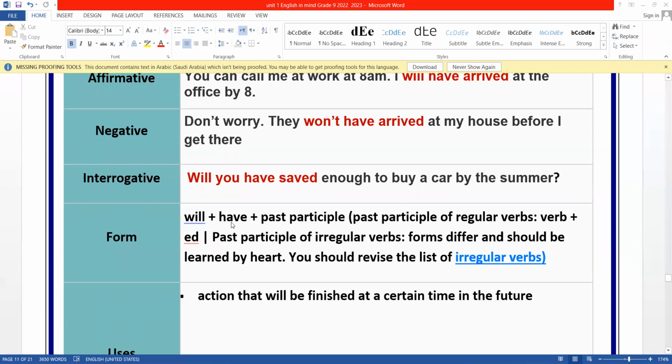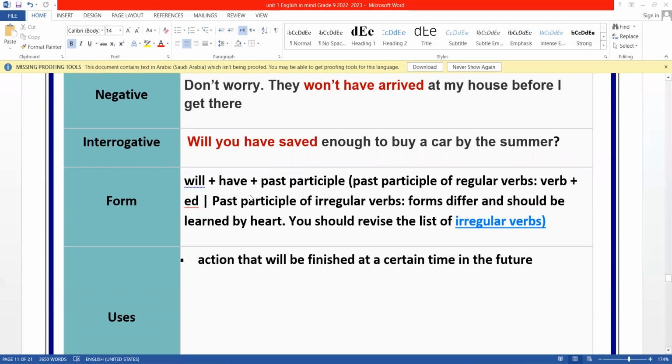Interrogative form: will you have saved enough to buy a car by the summer? The form: will plus have plus past participle. Past participle of regular verbs, we add ed. Past participle of irregular verbs forms differ and should be learned by heart. You should revise the list of irregular verbs as we said before.